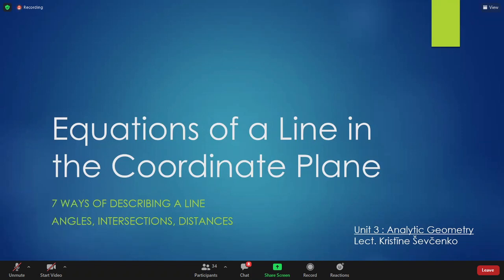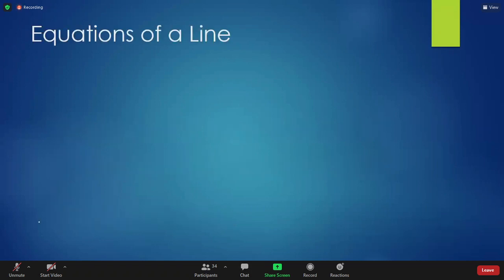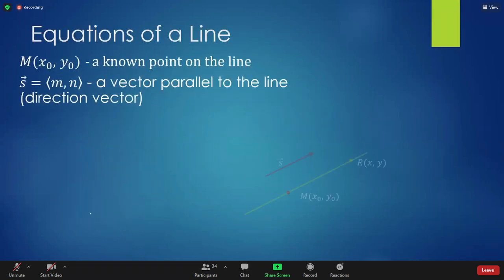So there we are. What we had last time was, first of all, we started with an equation of a line, understanding that we start with a point that is known, and we have also a vector that actually tells us in which direction this line should be drawn.